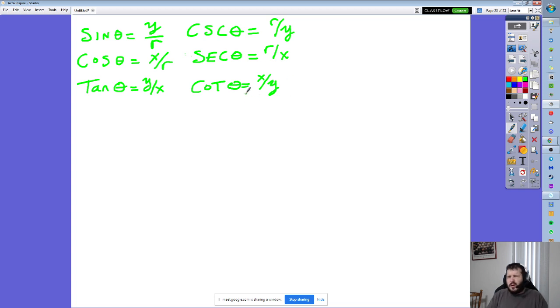All right, so here's the thing. What do all these letters actually represent? If we go back to that xy plane here, drawing freehand, it's going to be great.